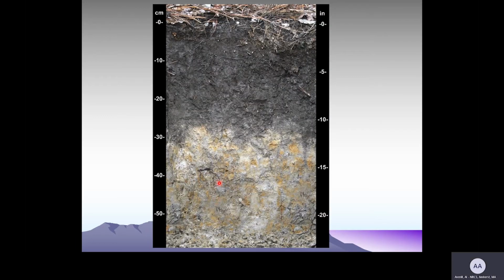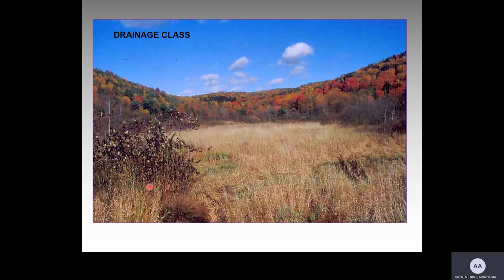What's going on with this one? Got a thick, dark surface layer underlain by gray and orangey, reddish, brownish colors. What is going on with this? Well, let's talk about that. This is a nice segue into the concept of drainage class. And if you think back, this was one of the concepts that you need to know about when you get involved with the Envirothon.